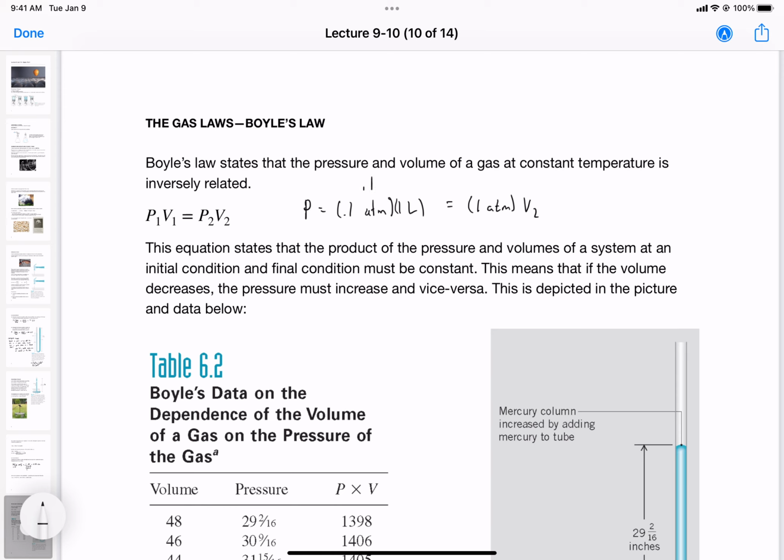So for this to remain the same, the volume would have to decrease tenfold. So V2 equals 0.1 liters. If we increase the pressure by 10, the volume should decrease tenfold.